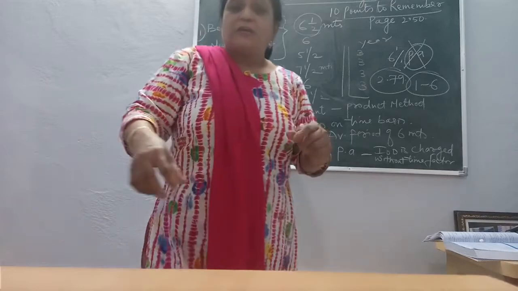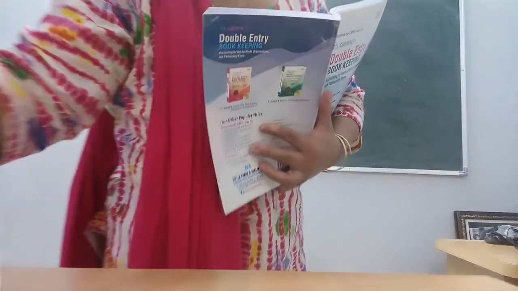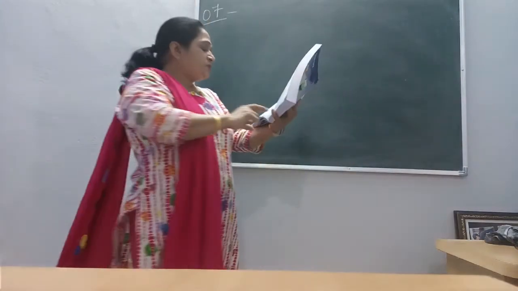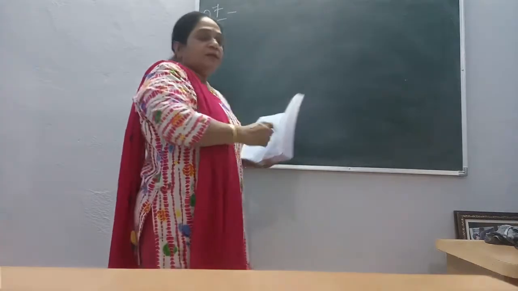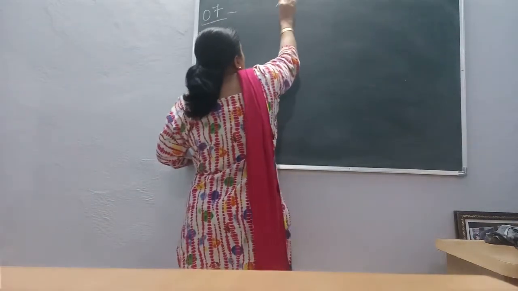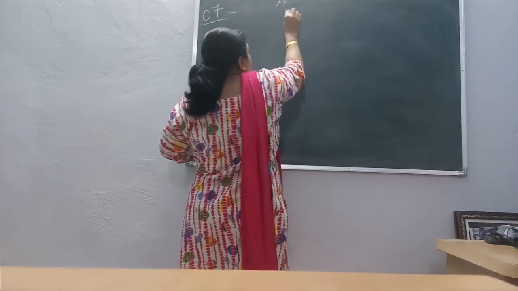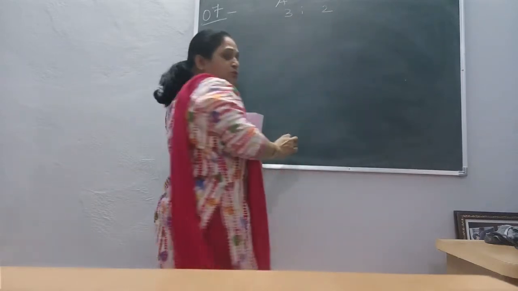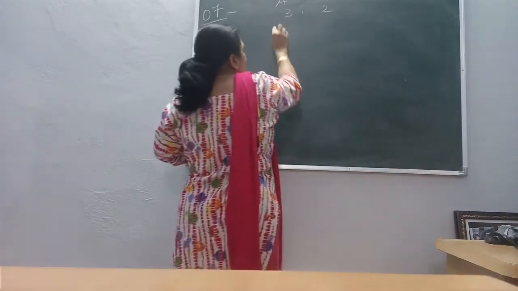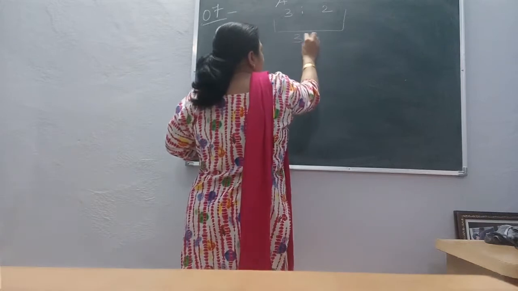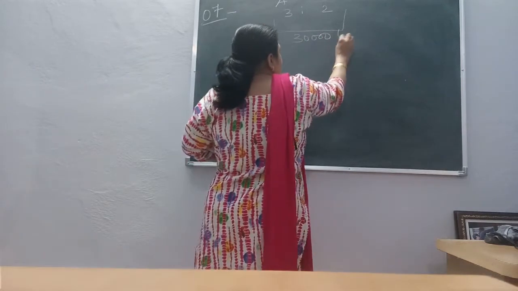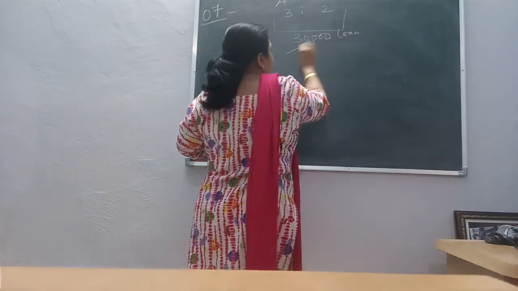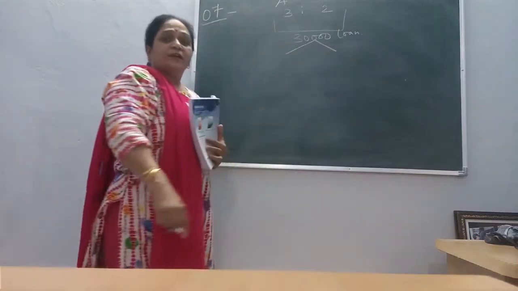Now we are starting with question number 7. There are two partners, A and B. Their profit sharing is 3:2. Both have provided a loan of 30,000 to the firm, in their profit sharing ratio.